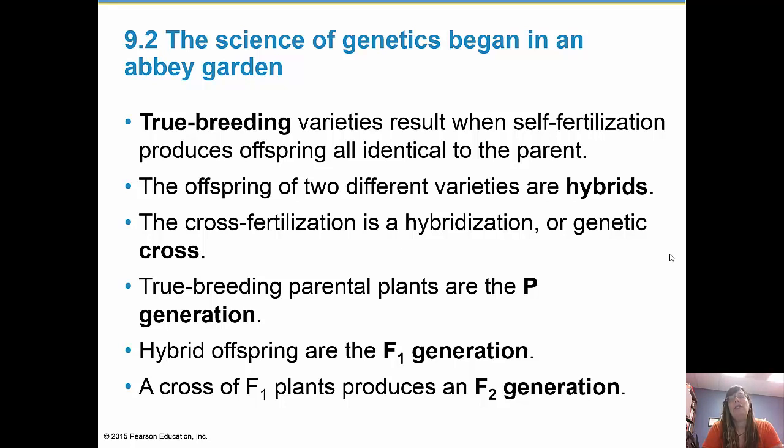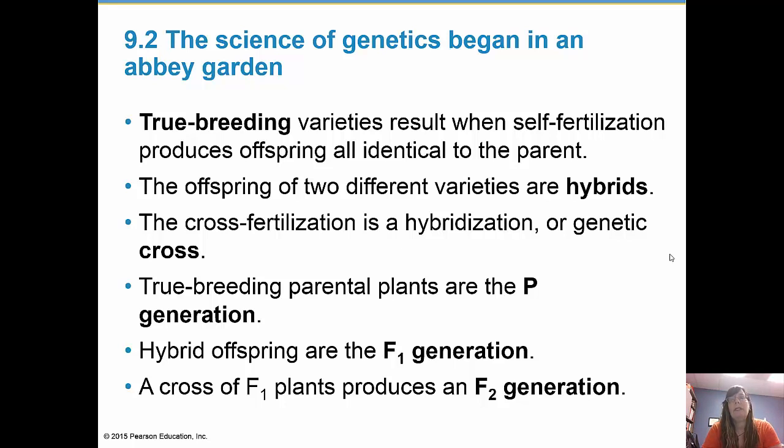So if we're going to look at the genotype of these plants, it would be uppercase P, uppercase P, uppercase P, lowercase p, or two lowercase p's. Those are the three options, right? We have a dominant trait and we have a recessive trait. So you can have both dominant alleles, you could have both recessive alleles, or you could have one of each.